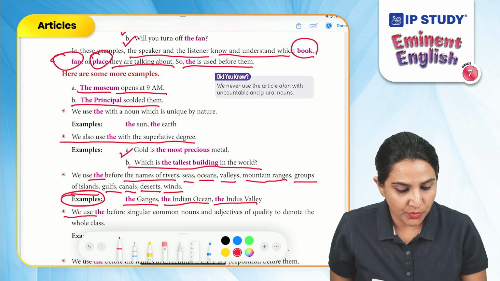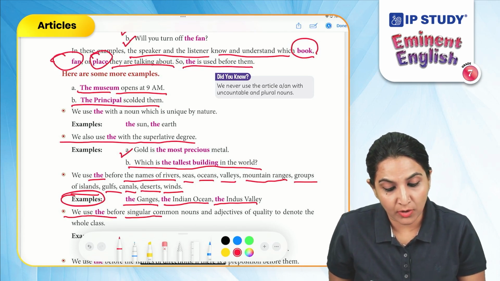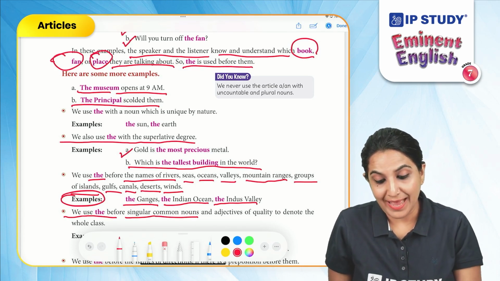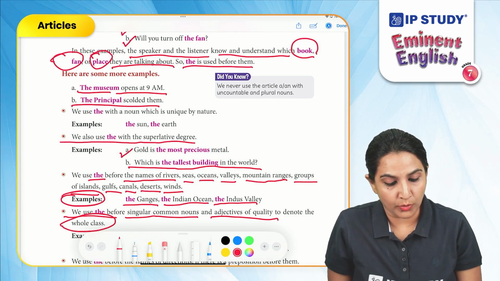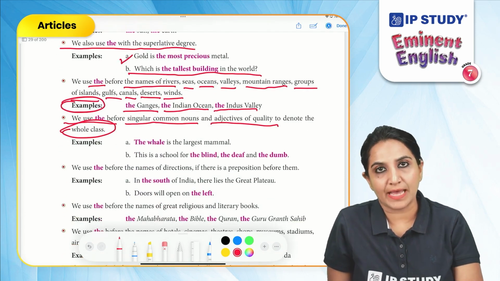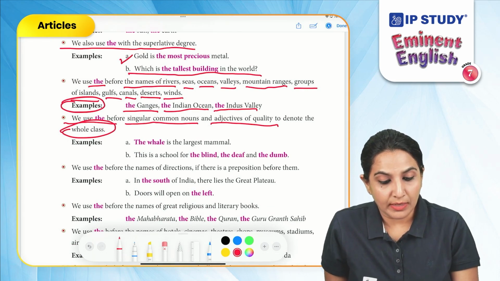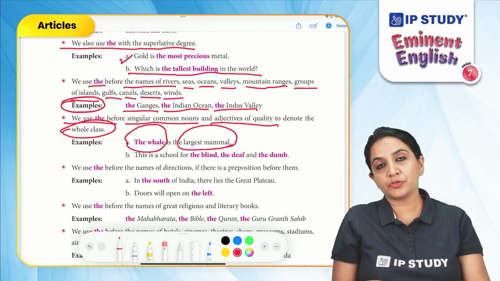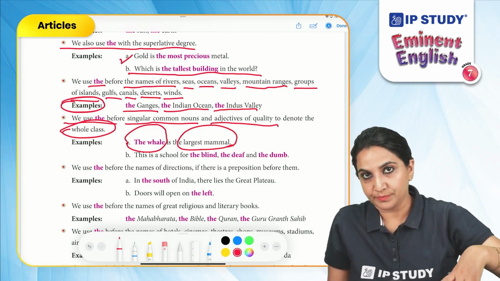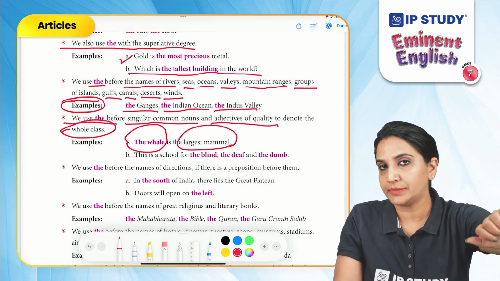We also use the before singular common nouns, adjectives of quality, to denote the whole class. For example, the whale is the largest mammal. Now you're referring to the whole class of mammals, the whole mammal world, right?